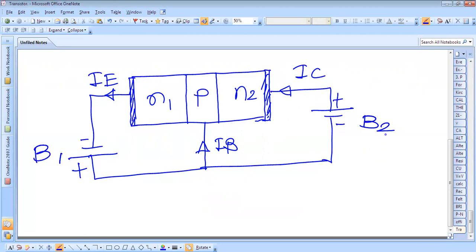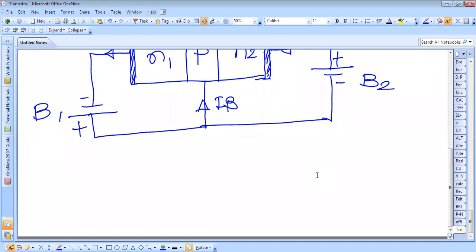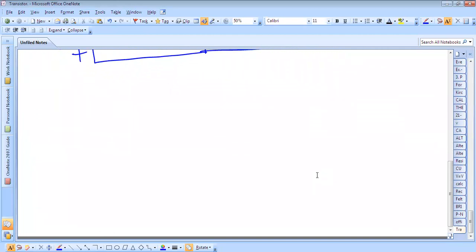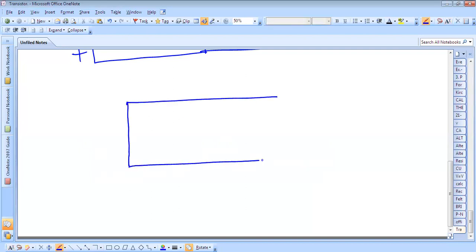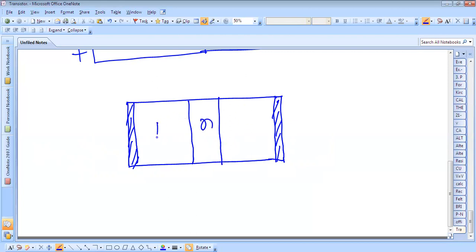Suppose an NPN transistor is there, with a metal terminal and a very thin layer of N sandwiched between P1 and P2. In this case, the battery is connected like this.